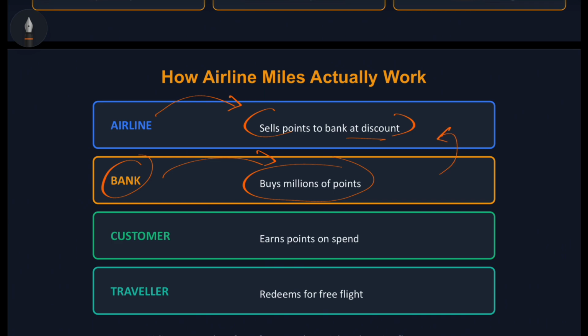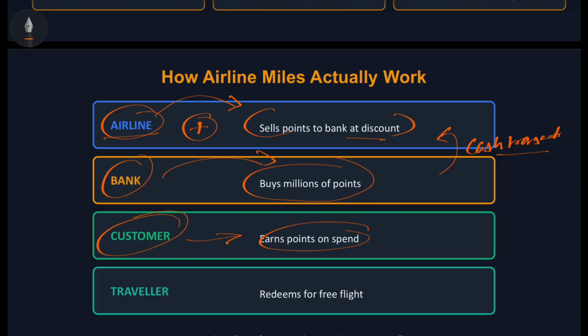So realize this, a cash transaction: the airline is getting money. Understand this particular point. This is very, very important and very, very smart. Airline got its money.